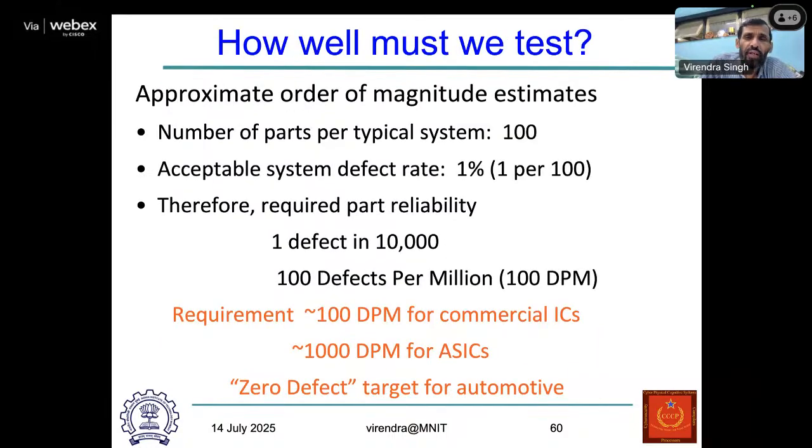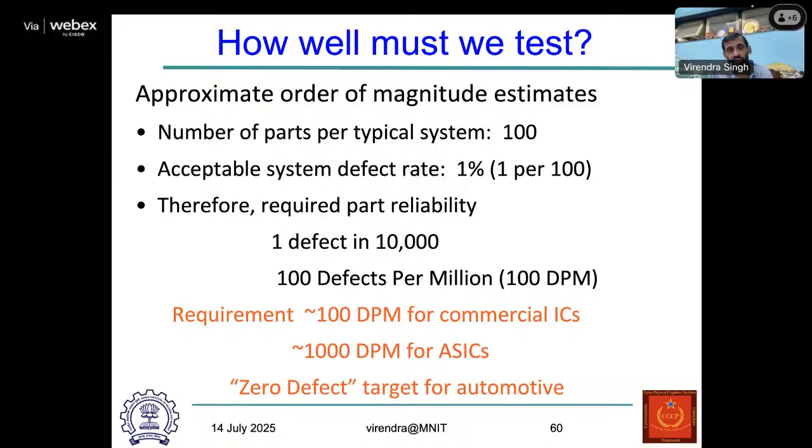So one example I give you of how good my test should be. Let's say that here I want to design a system, and that system has something like 100 chips, and I want to accept any system that can have 1% defect. So 1% defect means one system out of 100 systems may go bad, others should be good.